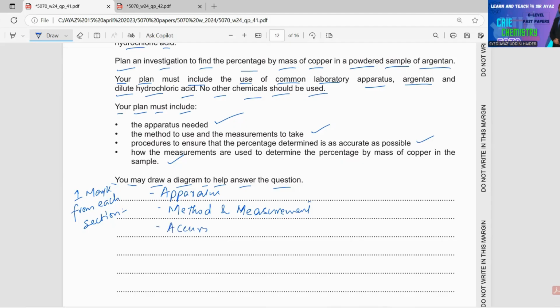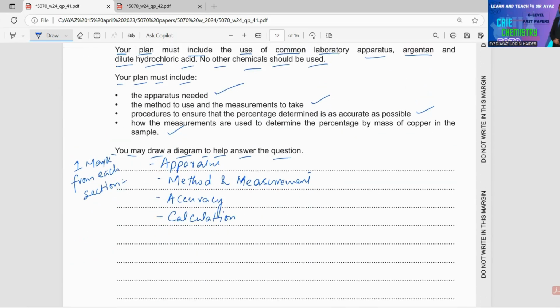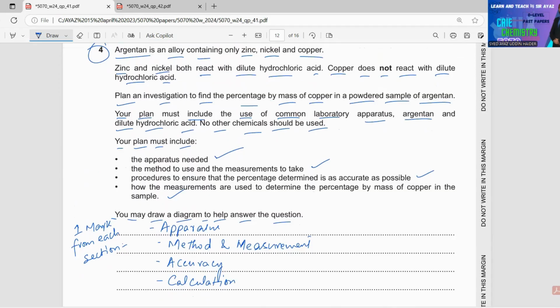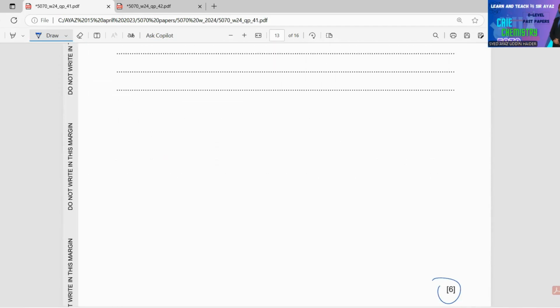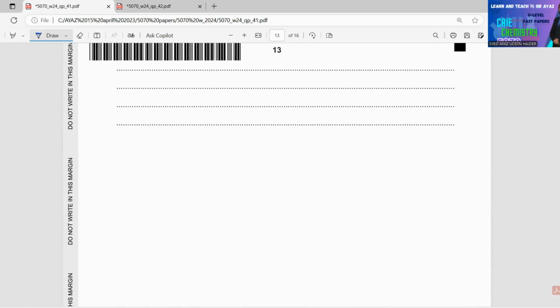You want to get an accurate result. We have calculation also. 4 marks are done here, 1 mark from each. You can gain 2 marks from any of these. So I can straight away draw 2 apparatus in order to gain 2 marks. This will make my life easy.